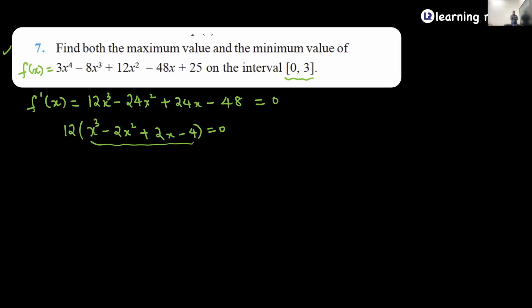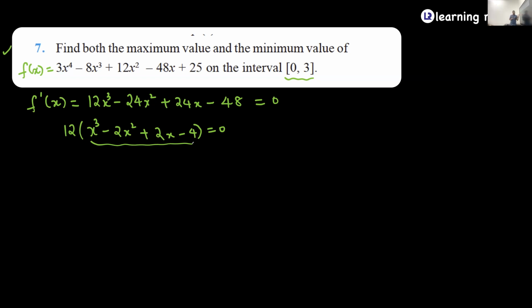So through trial and error, just plug in values like 0, -1, 1, -2, 2, -3, 3. Within that itself, you'll get one of the roots. So if I substitute the value, what can I substitute? If I put a 0, what will I get? -4 doesn't work.